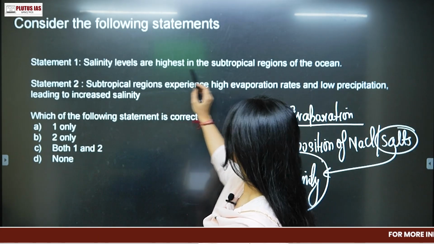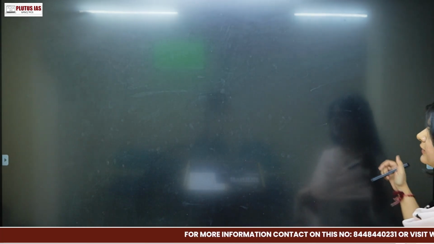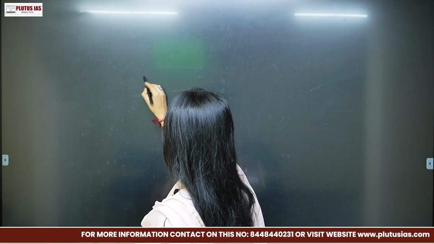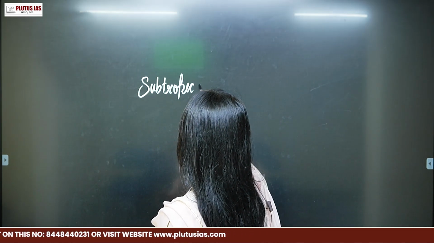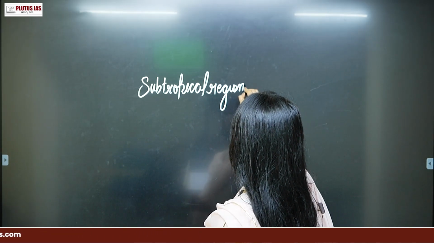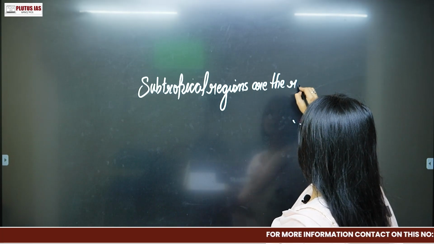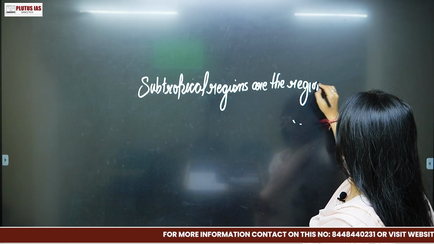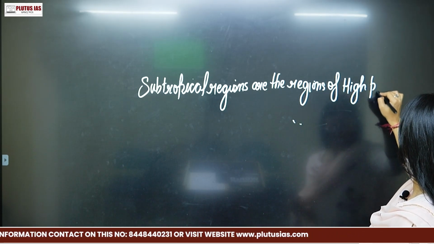Now salinity levels are higher. Why is it higher in subtropical regions? We have studied in climatology that subtropical regions are the regions of high pressure zone or high pressure belt, right?